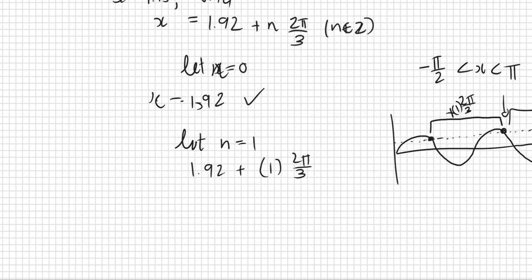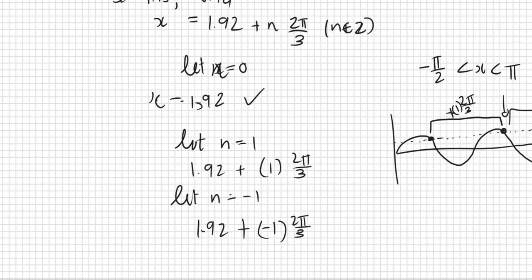Too far. Then we let n equal minus 1: 1.92 plus minus 1 times 2 pi over 3.